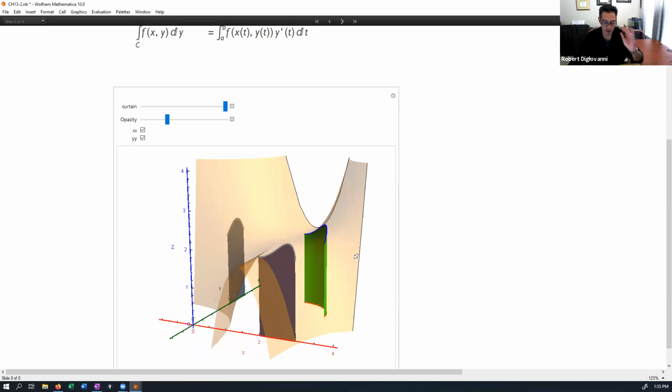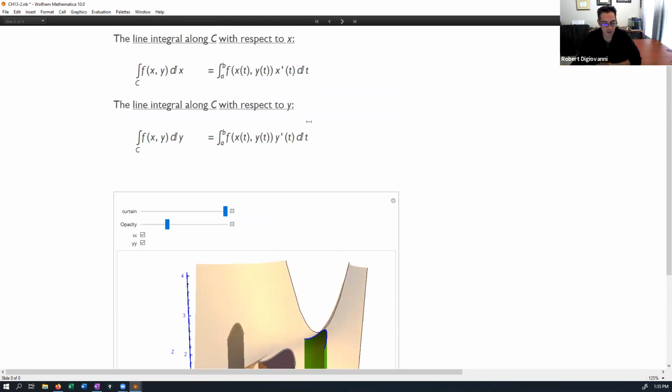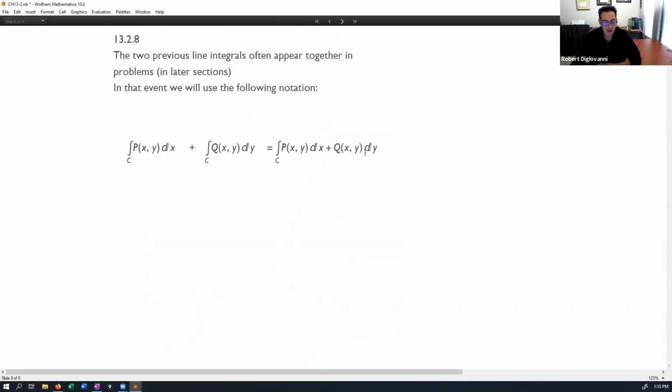Okay, now they do appear later. That's why we need to discuss them. All right, so this is just notation, and I actually wrote this backwards. I should start with this on the left and then have the other one on the right. But this is saying that whenever you see a line integral over C, now they're using P of xy instead of f of xy, capital P is the name of the function.